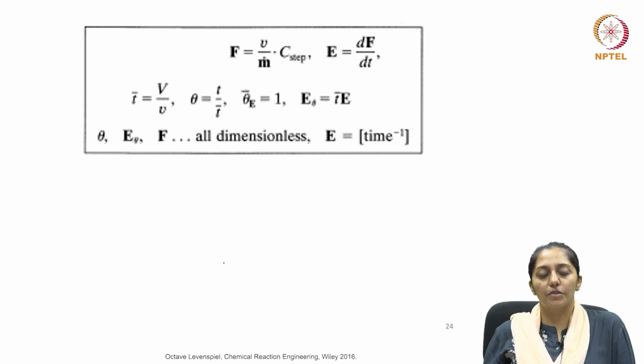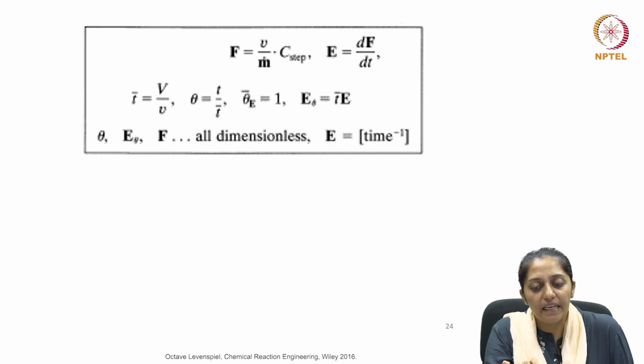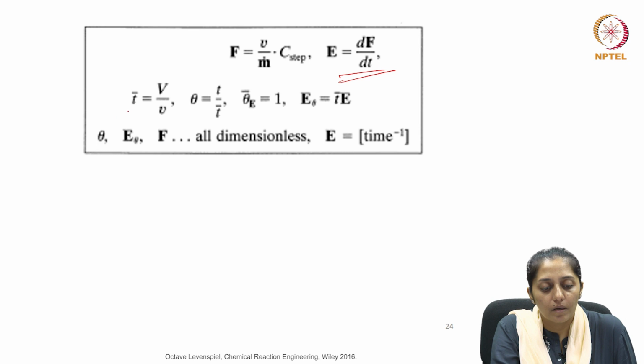So, now just to consolidate, F is related to C step, where E and F are related as shown here. E is equal to dF by dt, and your mean residence time is V by v, where v is the small v volumetric flow rate.